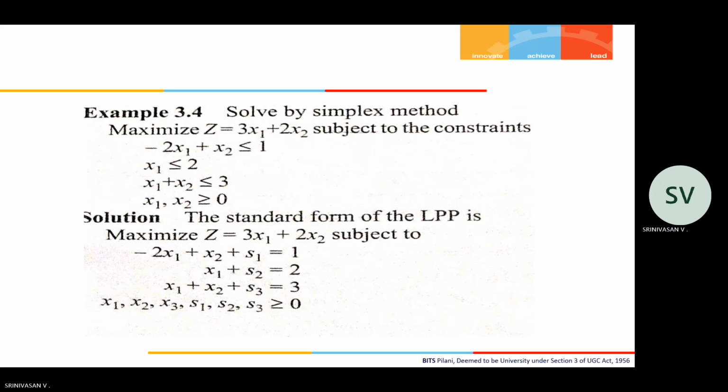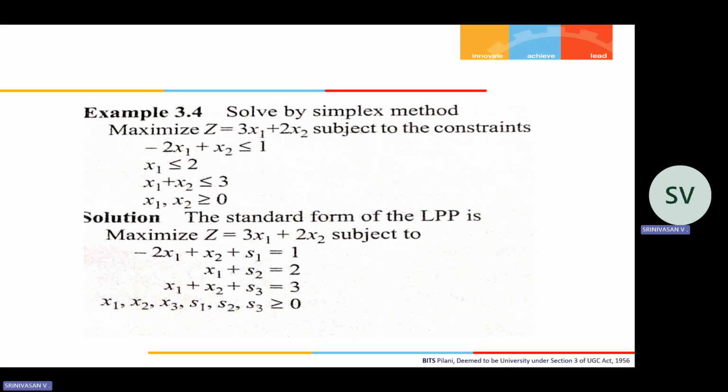Remember, I have already made this clear in the last session: the number of decision variables available in the objective function need not be the same as the number of constraints that you have.